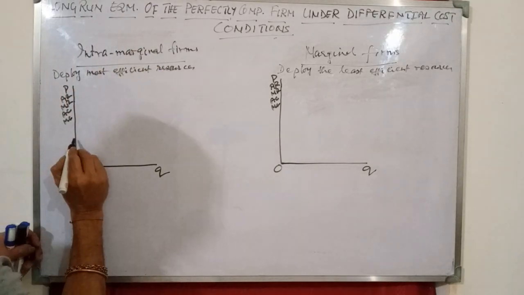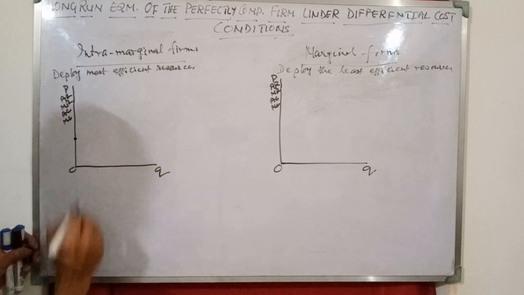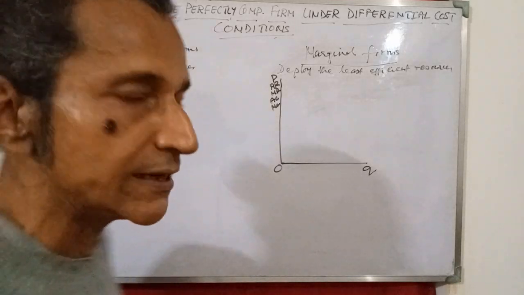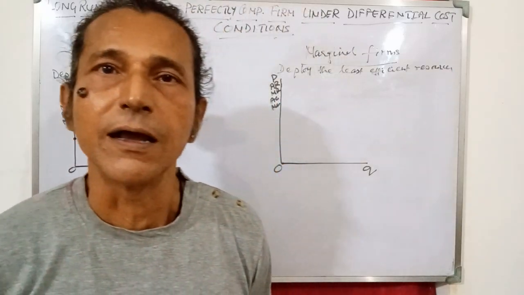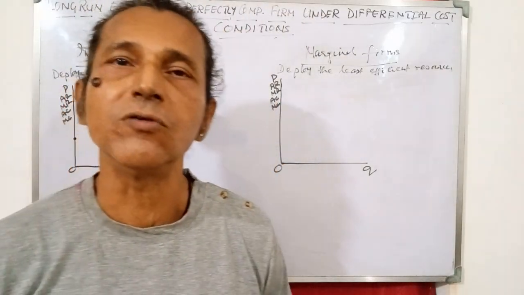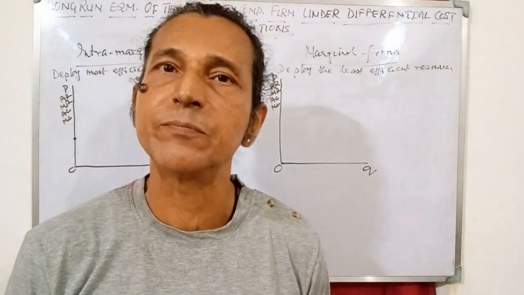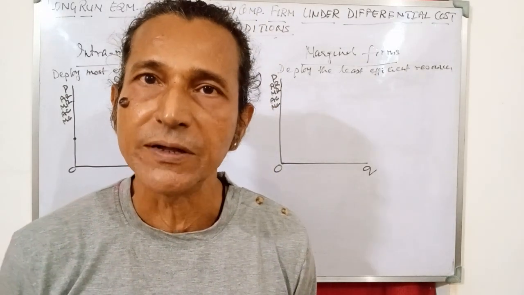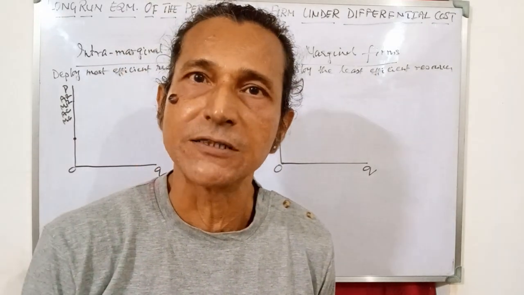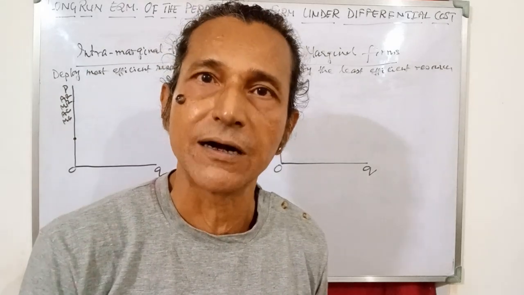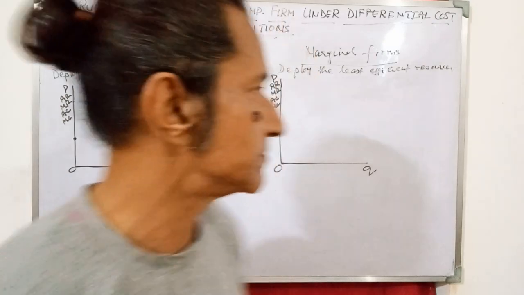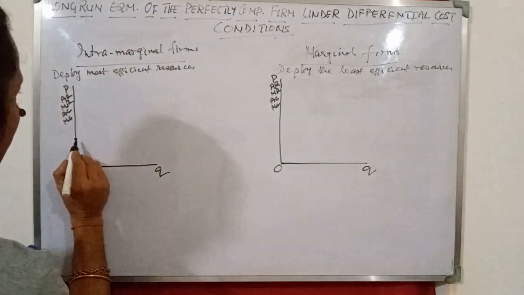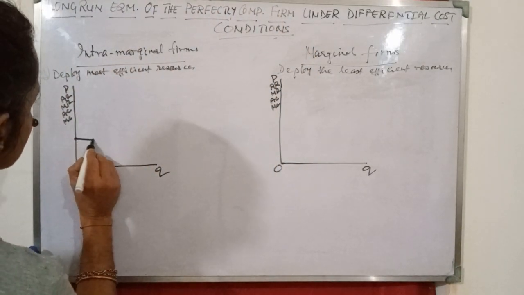Now price is determined in the industry by the interaction between demand and supply, and the individual firms have no influence over the price, they are merely price takers. They simply adjust their marginal cost with the marginal revenue in order to find out the equilibrium quantity. So price is fixed in the industry.